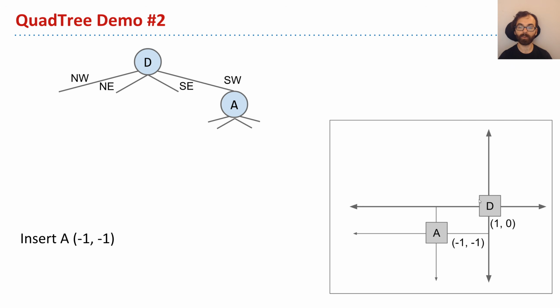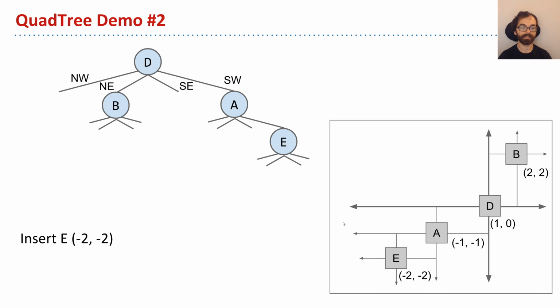Well, -1, -1 is to the left and down of D, so it'll be the southwest child. Next comes 2, 2. That is to the northeast of D, so again, it's an immediate child of D. Next, if we do -2, -2, that's to the southwest of D, and also to the southwest of A. And then lastly, if we insert C, we end up with this tree.